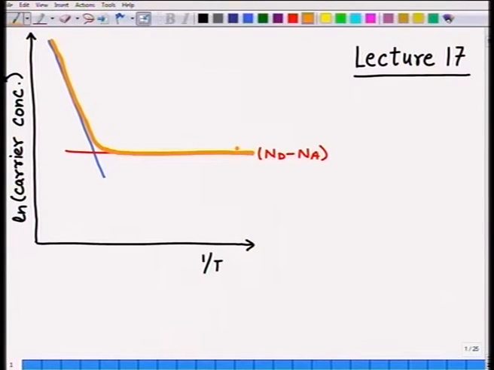Meaning thereby that on this side of this temperature, our material is going to be intrinsic, shown by the blue line, and then on this side the material will be what we call extrinsic, or another name is the exhaustion region.